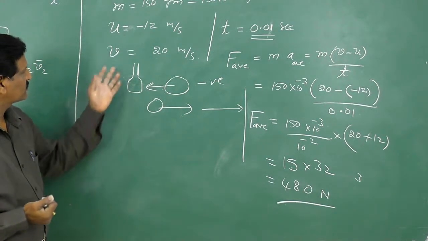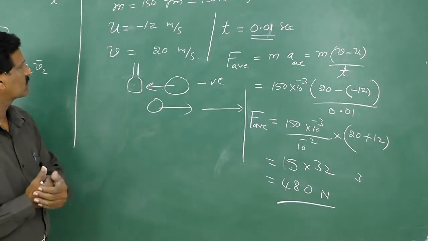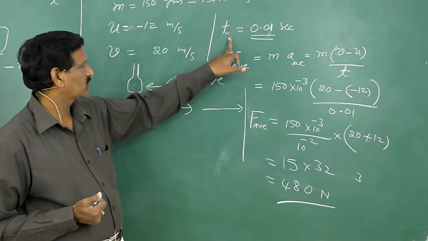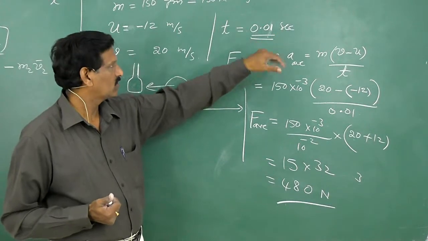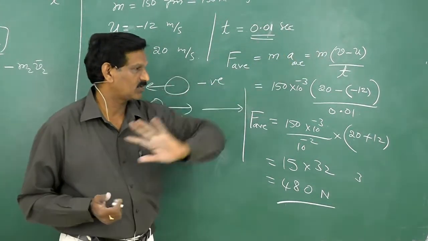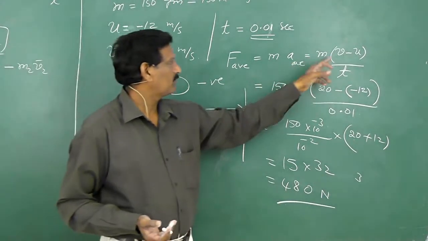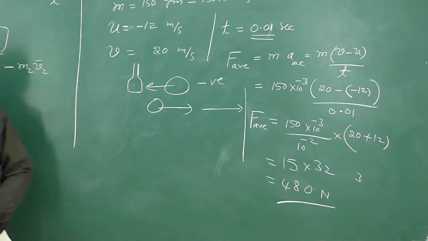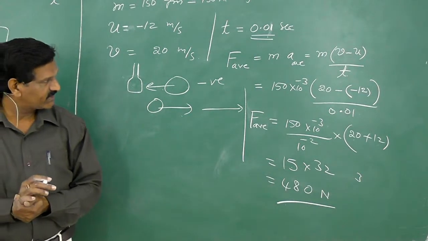For our convenience, v is taken as positive, then u must be minus. And here the time of contact of the ball with the bat is 0.01 second. During this time, the change in velocity takes place. Hence, m into (v minus u) by t is the average force. Upon substitution, you will get average force as 480 Newton.